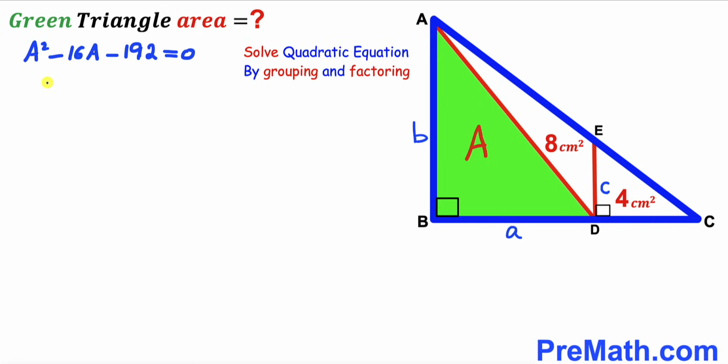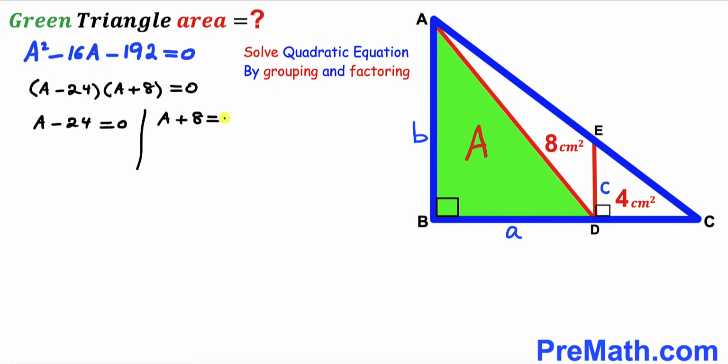So therefore our factors are going to be A minus 24 times A plus 8 equal to 0. And now we are going to separate these two factors: A minus 24 equal to 0, and the other factor A plus 8 equal to 0.